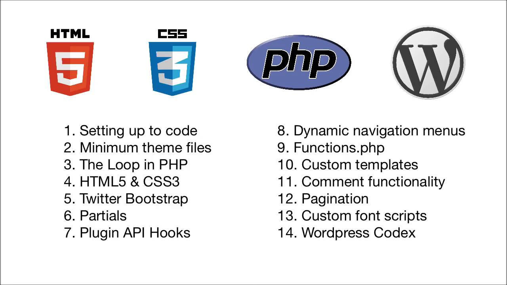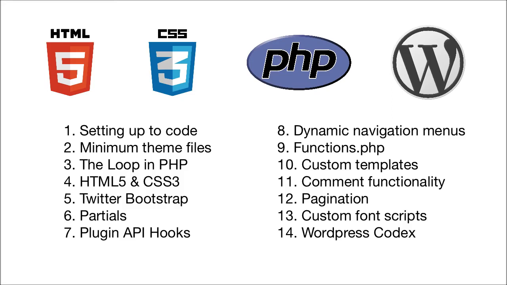We're going to learn about the Twitter Bootstrap framework, which makes it easy to build layouts and move things around on the web page, and our sites are going to look really good really easily. We're also going to learn about partials so that we can organize our code properly using best practices on the server. We're also going to learn about plugin API hooks that are very much necessary for a valid WordPress theme.